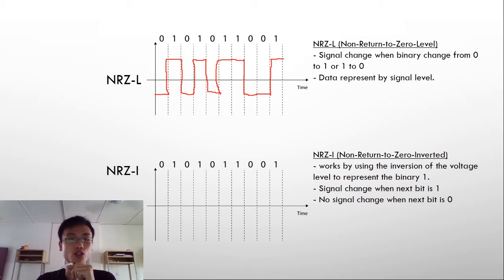And 1 to 0, change again. 0 to 1, change again. 1 to 0, change to negative, 0 to 1 change, 1 to 1 no change, 1 to 0 change, 0 to 0 no change, 0 to 1 change. So the data is represented by the signal level: 1 positive, 1 positive, 1 positive, 1 positive, 1 positive, 0 as the negative, negative, negative, negative, negative.